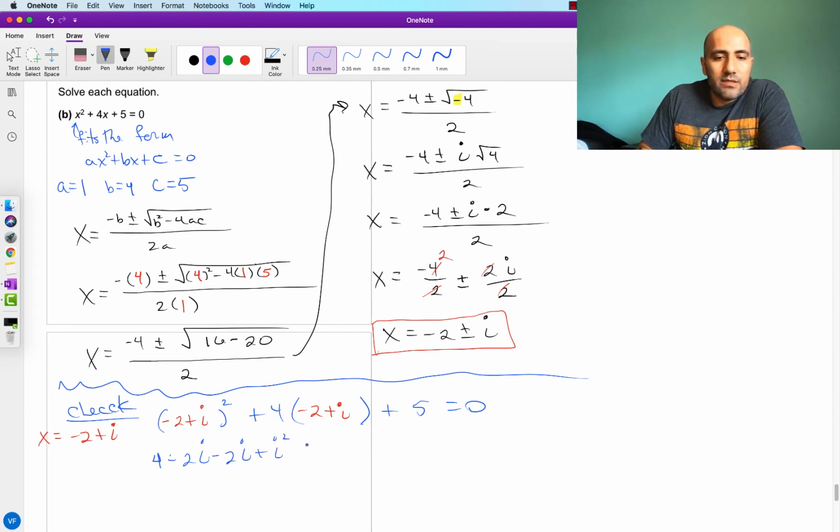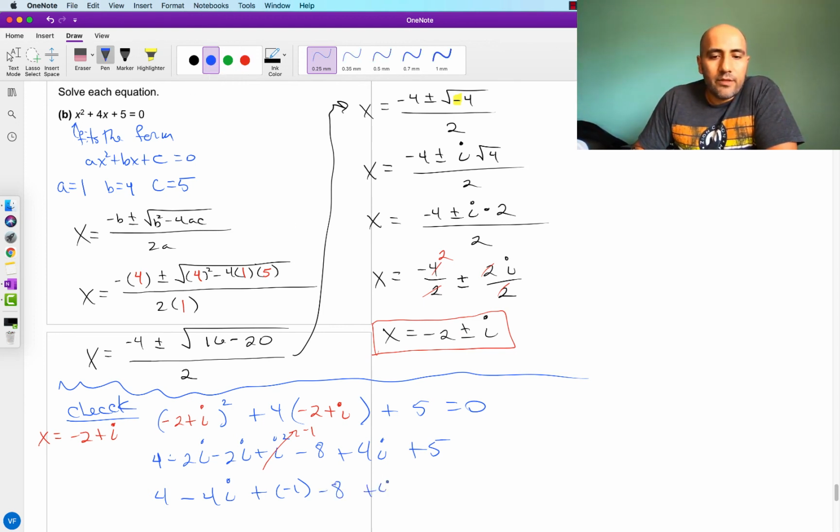When I distribute these, I'll get a negative 8 plus 4i plus 5. So I get a 4 minus 4i plus a -1. i squared is -1. Minus 8 plus 4i plus 5.